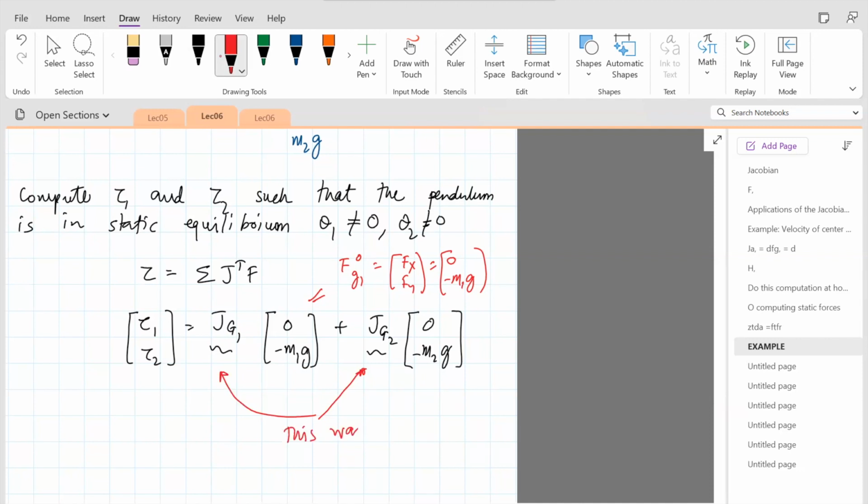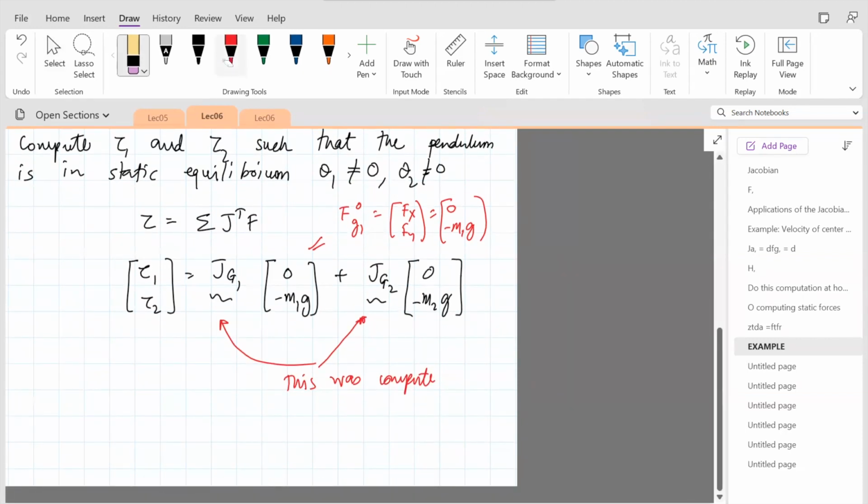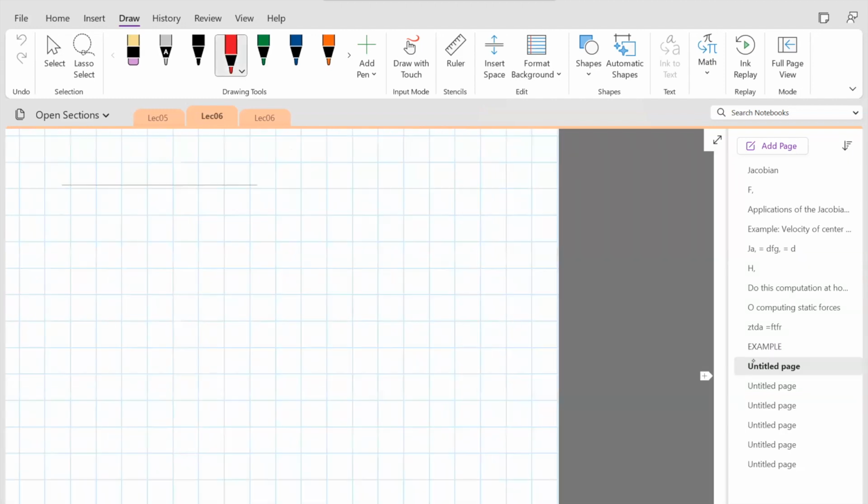This was computed earlier, so we just substitute that. Tau 1, tau 2 equals, I'm going to write Jg1, that is c1 cosine theta 1.